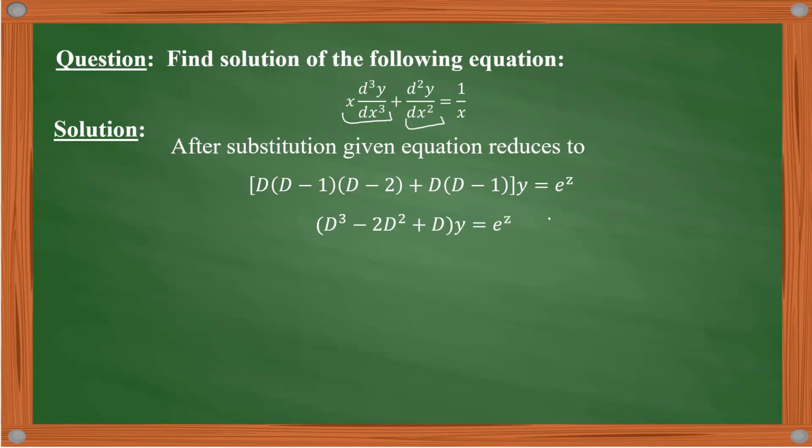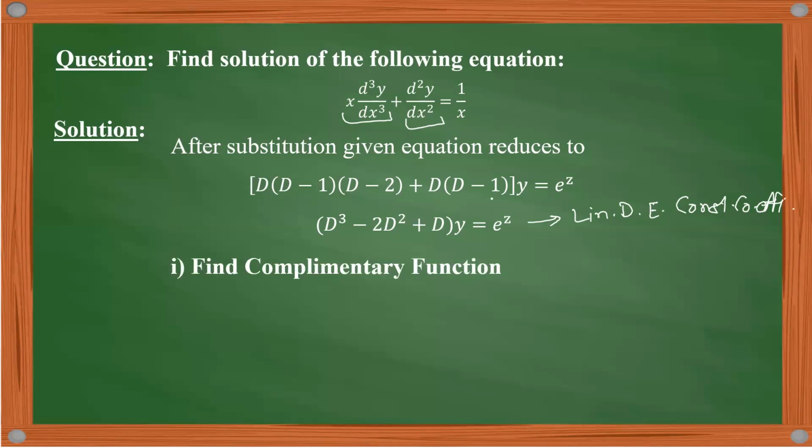We will get this equation, and it is a linear differential equation with constant coefficient. So the method is very well known to us. We will find its complementary function as well as particular integral. So to find the complementary function, we will replace d by m. So our auxiliary equation will be m cube minus 2m square plus m is equal to 0.